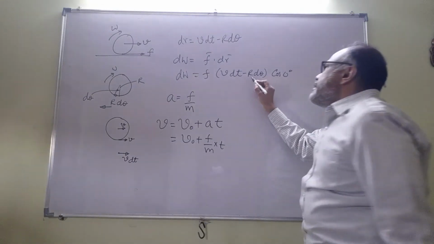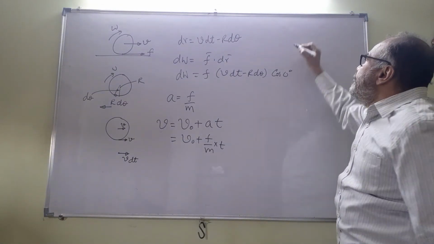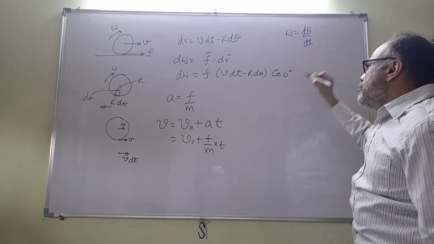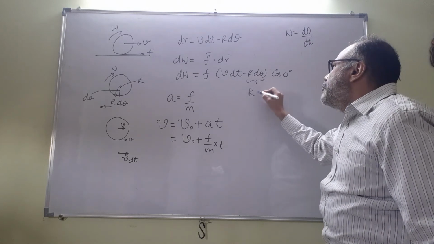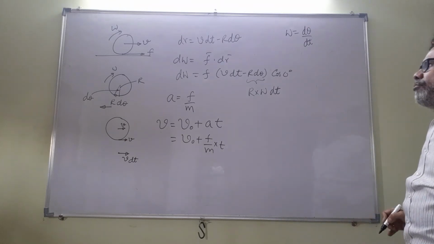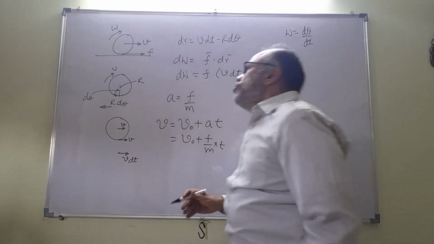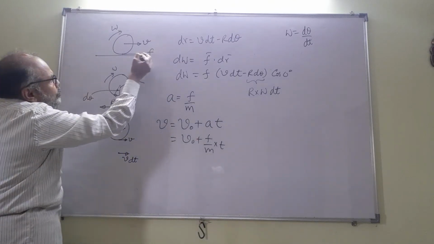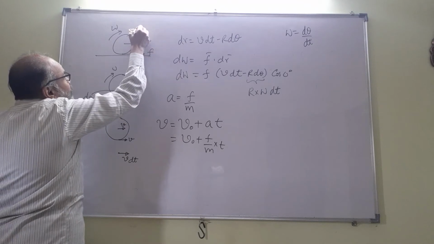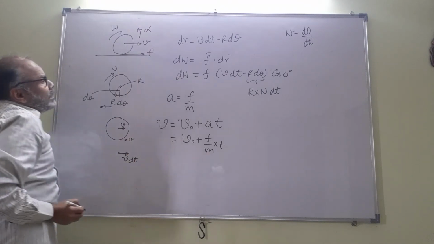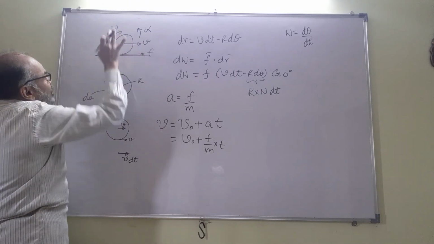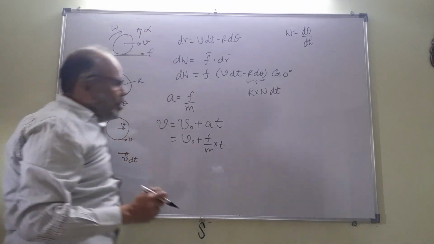Now let us see this r d theta. We know omega is d theta by dt, so this d theta can be put as omega dt. Now, if you see, this force is going to cause a torque in the anti-clockwise direction. So that torque will result in an angular acceleration alpha. So omega will change. So let us find alpha. How do we find alpha?